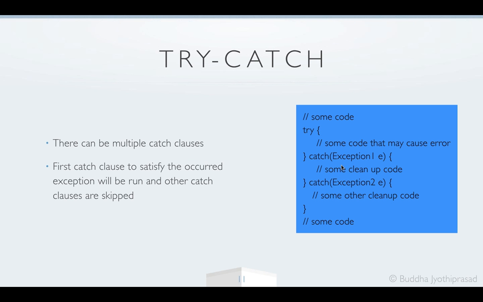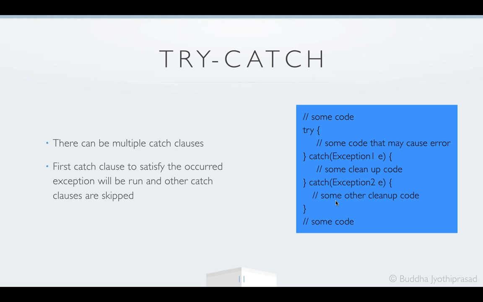Whenever this kind of thing happens, it goes from top to bottom. Whichever catch clause satisfies that exception first will be used to execute that piece of code. So for example, if there are two exceptions that can represent the same kind of issue, whichever exception first matches the exception thrown will be executed, and the rest of the code will not be executed.